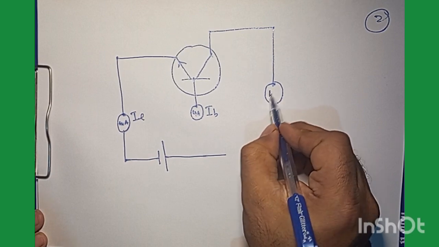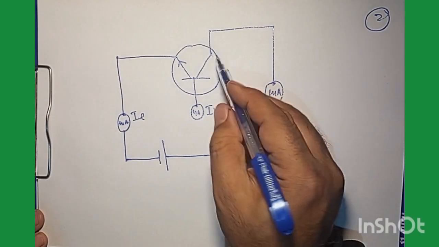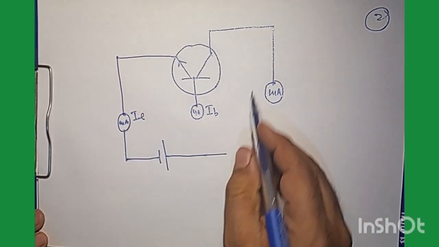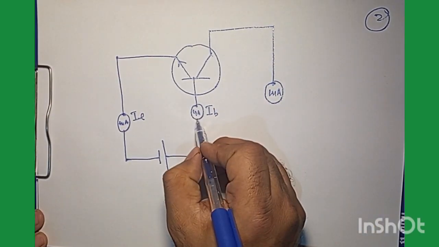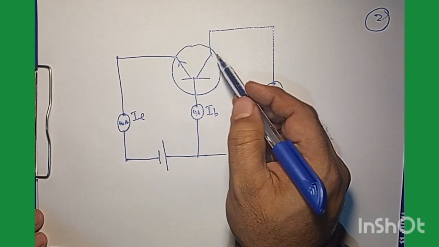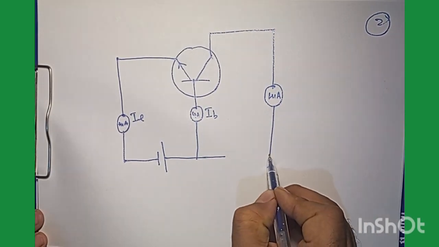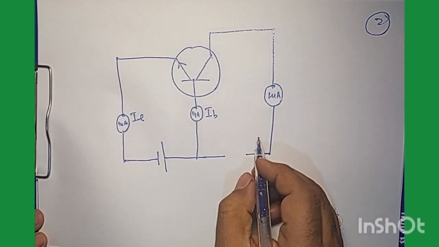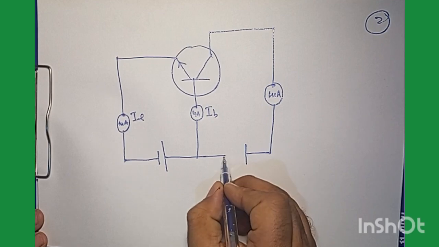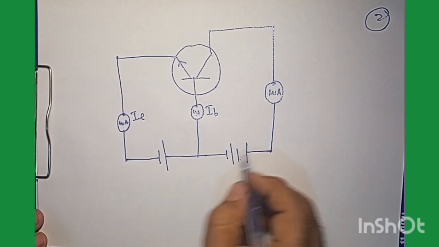Here I have another ammeter that measures the current in milliamps, and we have to set the output circuit in such a way that the PN junction here is reverse biased. So in that case, the polarity of the battery should be positive from this side and negative from this side. All right.